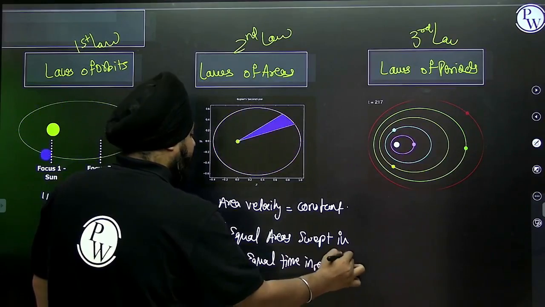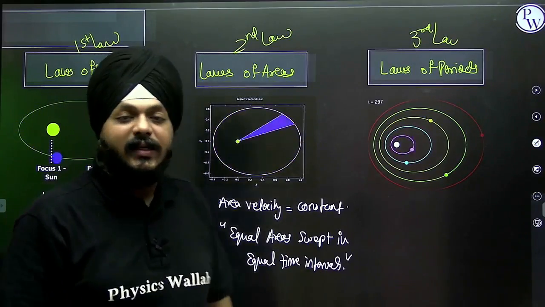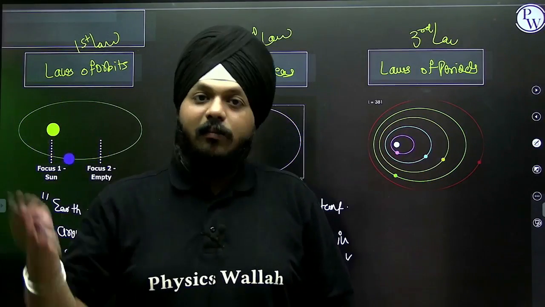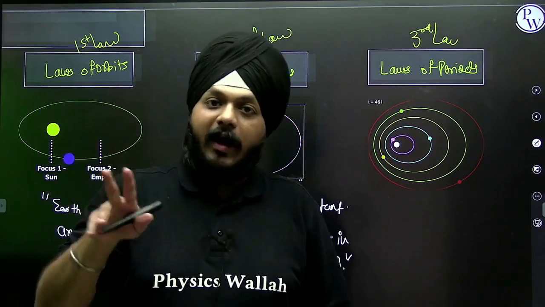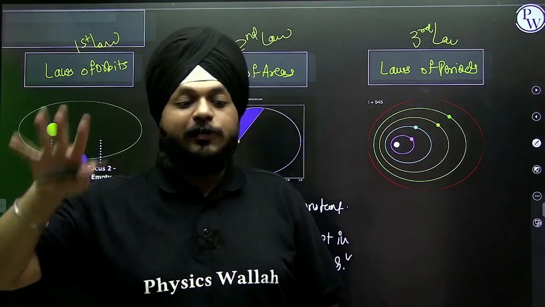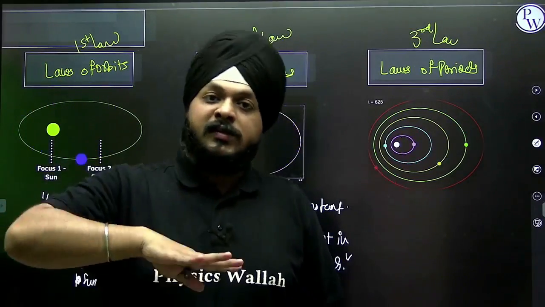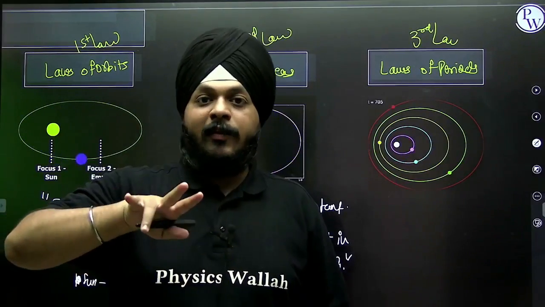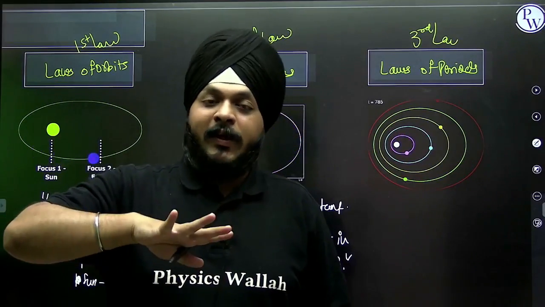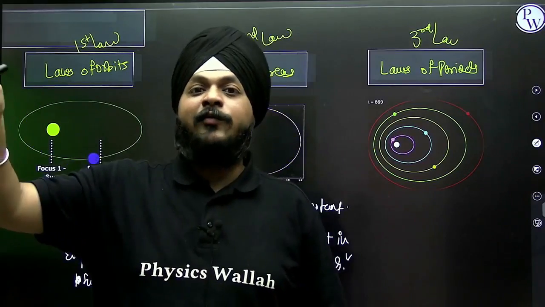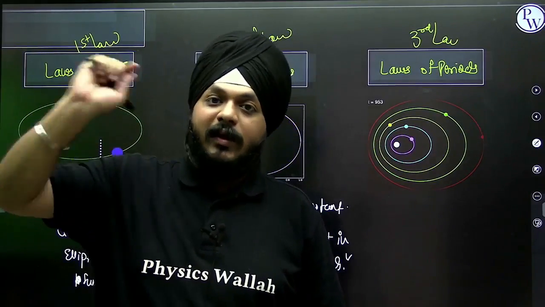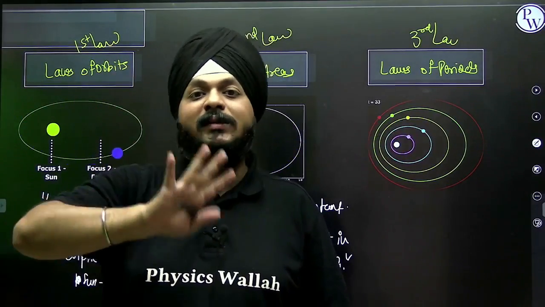The path is elliptical, but it doesn't mean things change. In the morning the span is 1 hour, in the evening also 1 hour. On 1st January the span is 1 hour, and at the end of December or in November, 1 hour is equivalent to 60 minutes only.